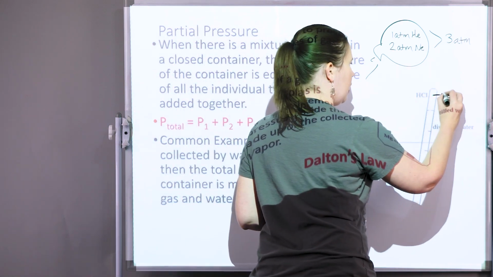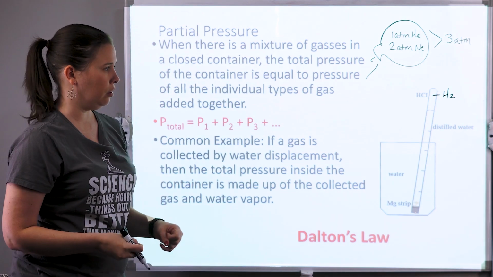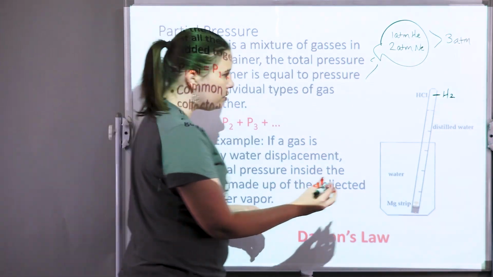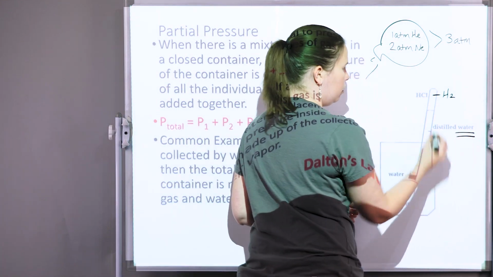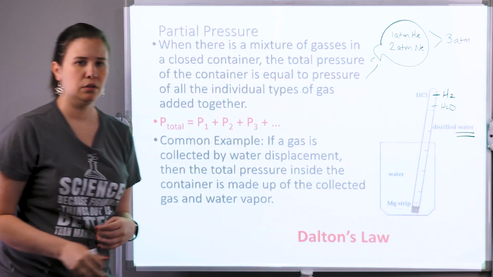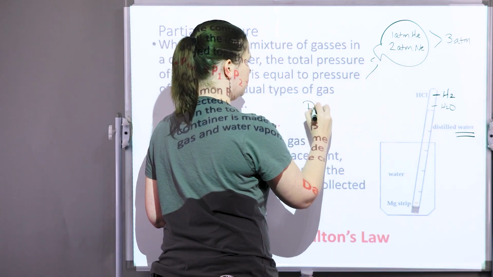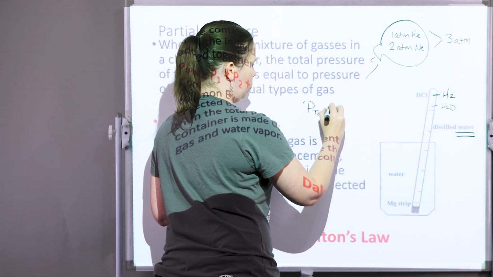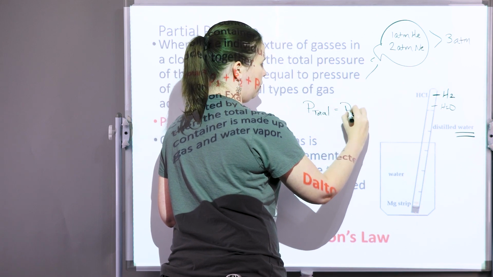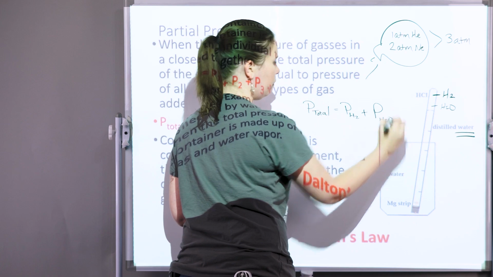And so that hydrogen gas was collected in the top of that eudiometer. But because there's water there, there's also water vapor in that same chamber. So the total pressure would be the pressure of the hydrogen gas and the pressure of the water.